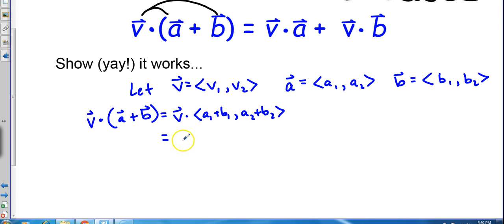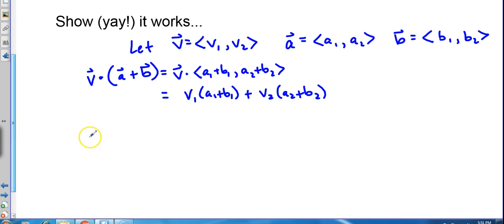And so we know the dot product is going to be V1 times A1 plus B1, and we're going to add that to V2 times A2 plus B2. So simplify a little bit further.